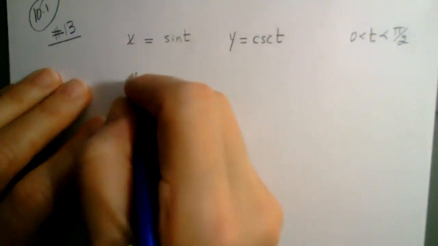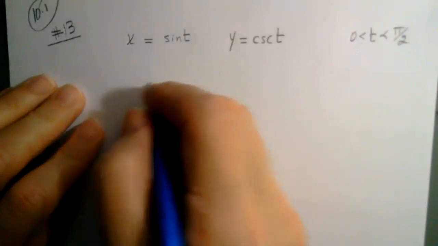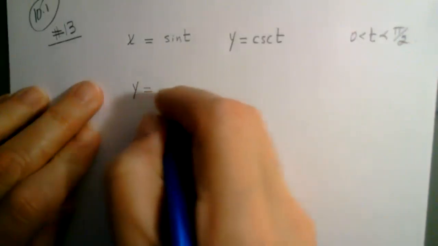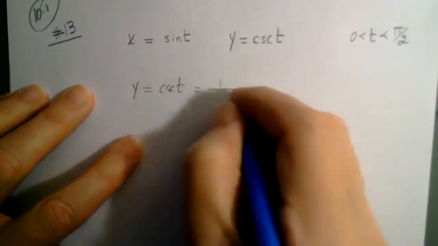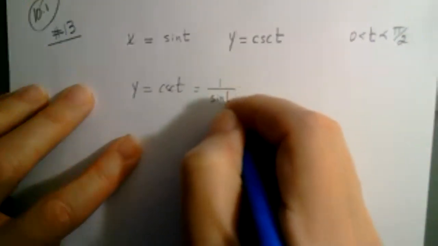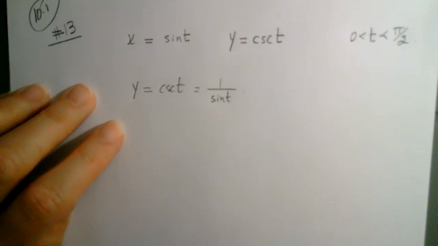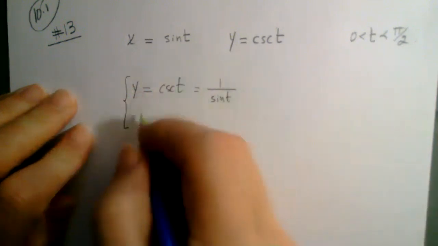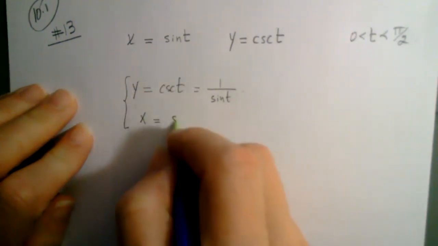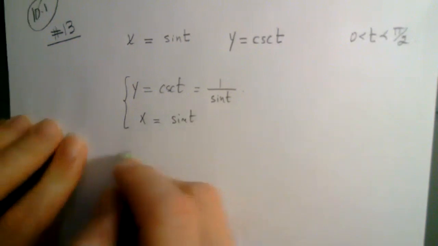Okay, let's do that. So I need to find something that relates them. So what's cosecant? y equal cosecant t. Now the cosecant is 1 over the sine of t. And now what's going to be the relationship? Of course, so we have y is 1 over sine, and x is the sine.